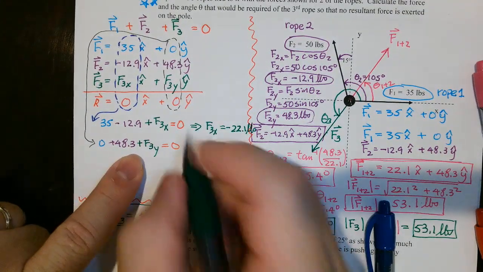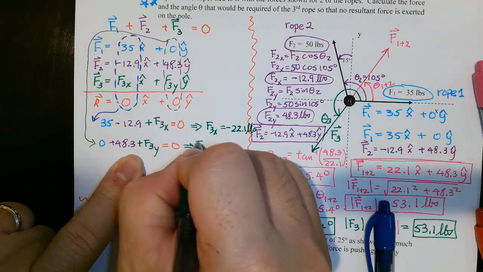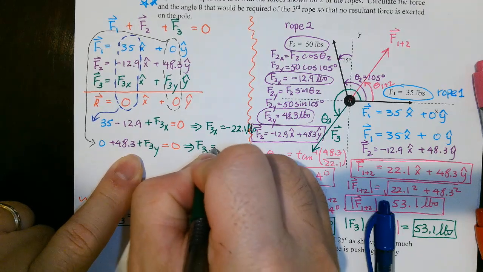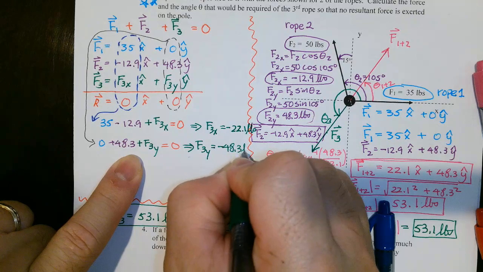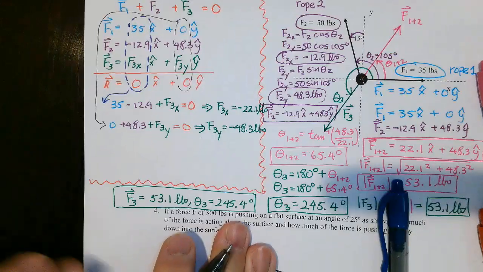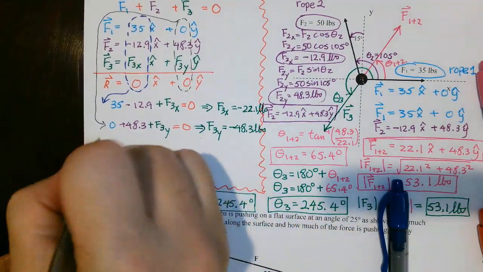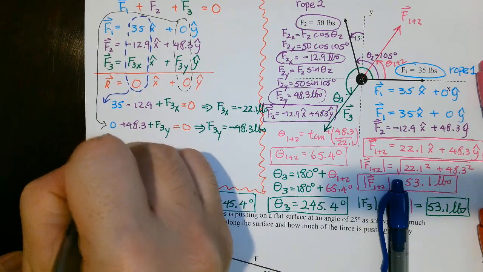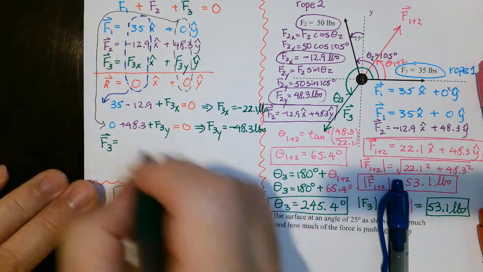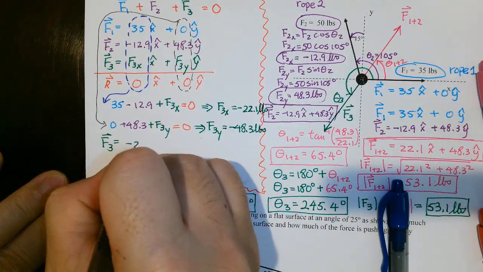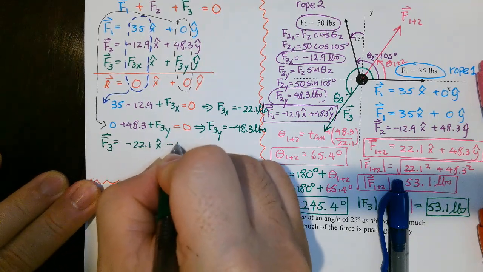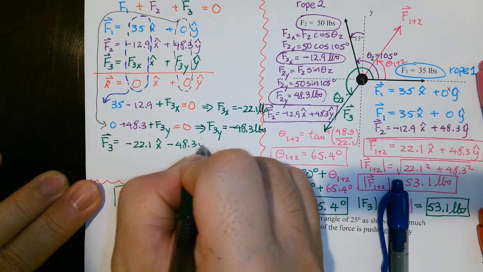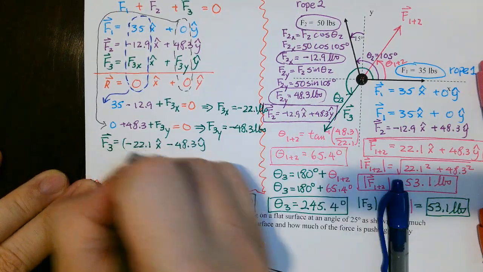So if we solve for F3y, then we get F3y is equal to just negative 48.3 pounds. Then we can simply write F3 as negative 22.1 x hat minus 48.3 y hat pounds.